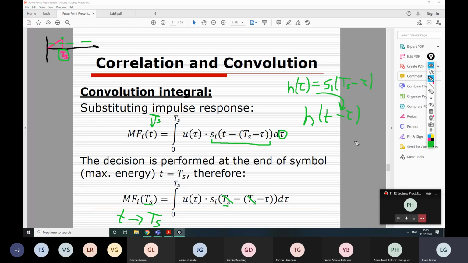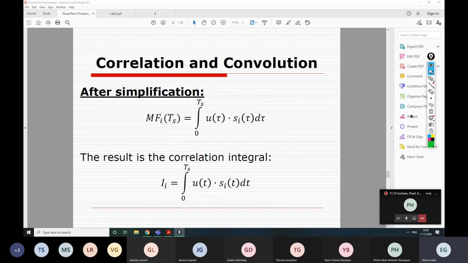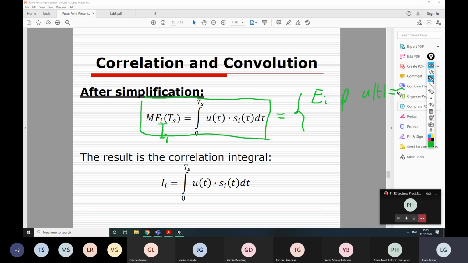Now, after opening these brackets, we can reduce these values. This minus and this minus would give us plus, and we would get the formula of the correlation, right? This is just one number, actually the same energy, and the result would be either the energy of the signal if u is equal to Si, or it would be 0 if u is not equal to Si.